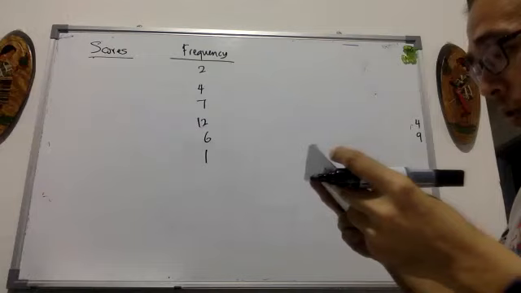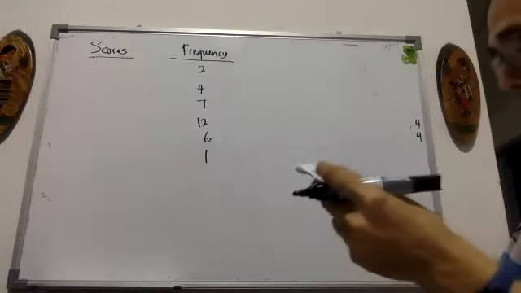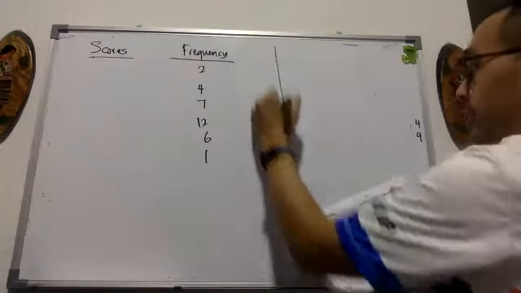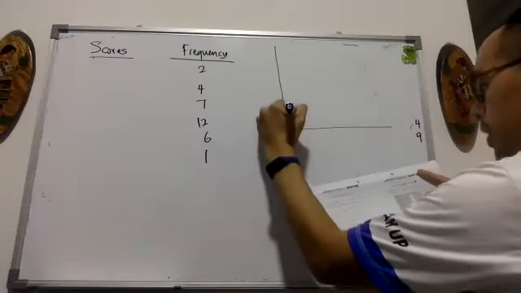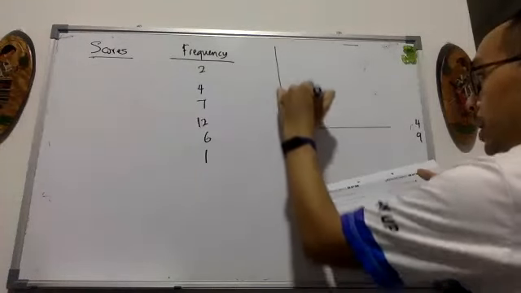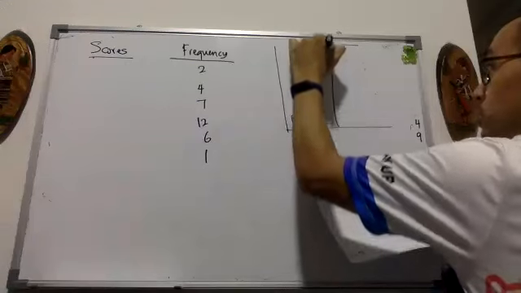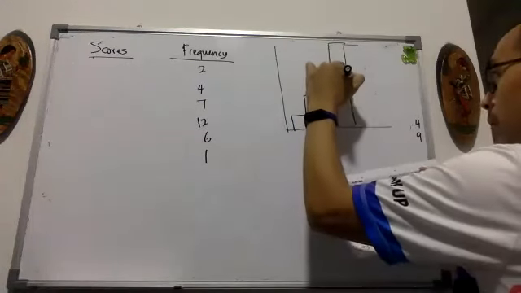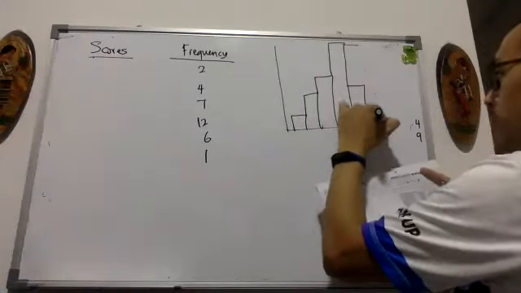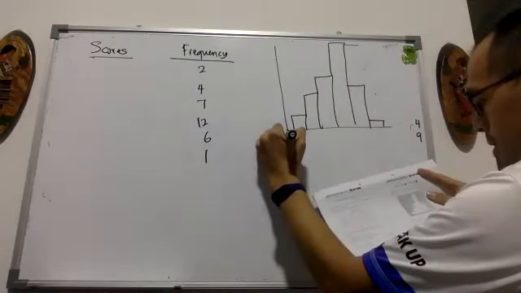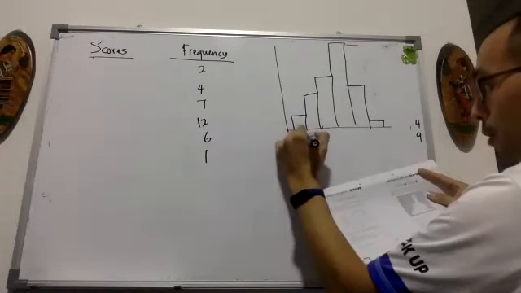Now if you look at this one, this one, this one, and the super high one, and then this one, and then the super low one. This first number is 0.5 until 1.5.